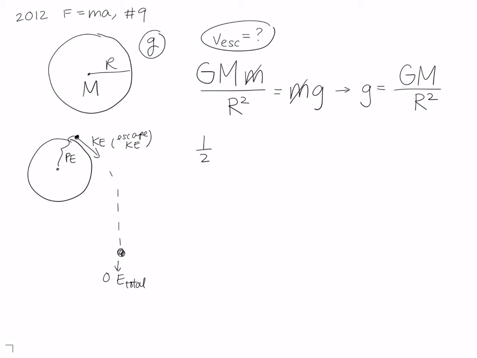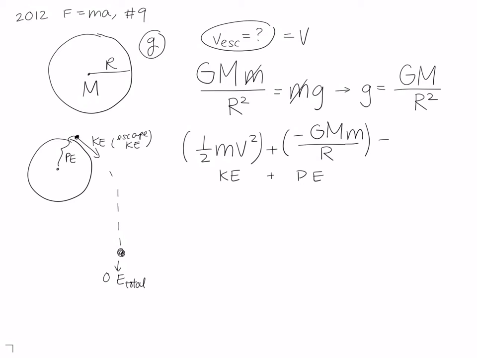So our kinetic energy, 1/2 m v squared, where v is our escape velocity, plus our potential energy, negative large G times large M over R times small m, is going to be equal to 0. We want it to neither be moving nor have gravitational potential energy, so that it will escape from this planet and won't come back.